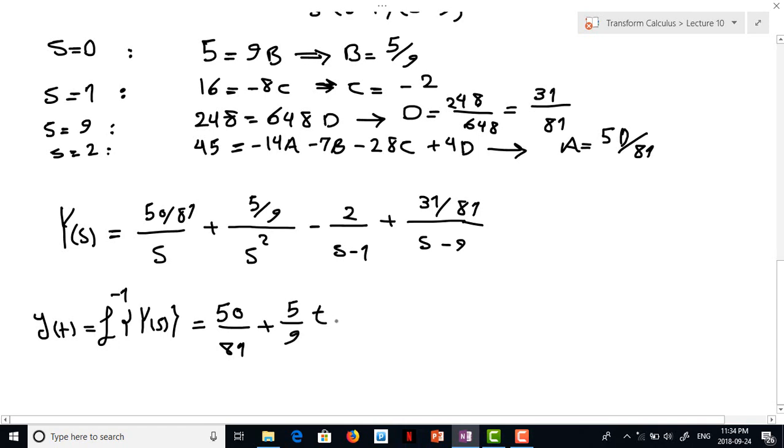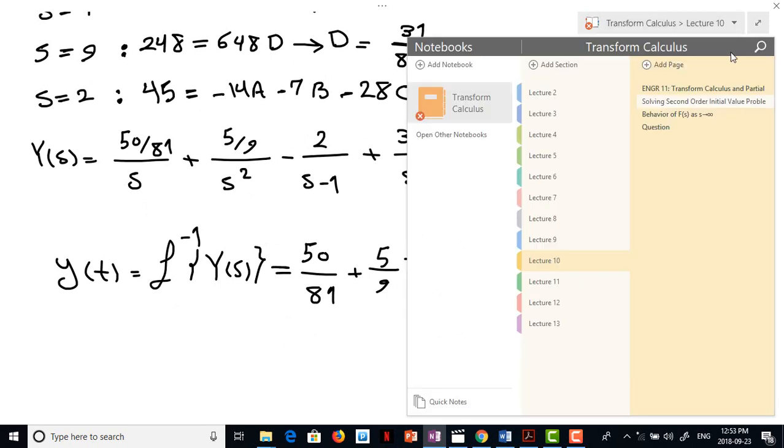Minus 2 over s minus 1 gives 2e to the power of t, plus 31 over 81 e to the power of 9t. So we could find y of t.